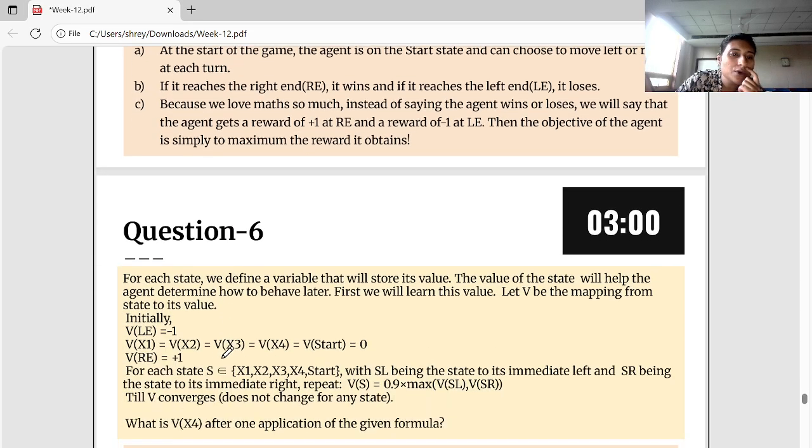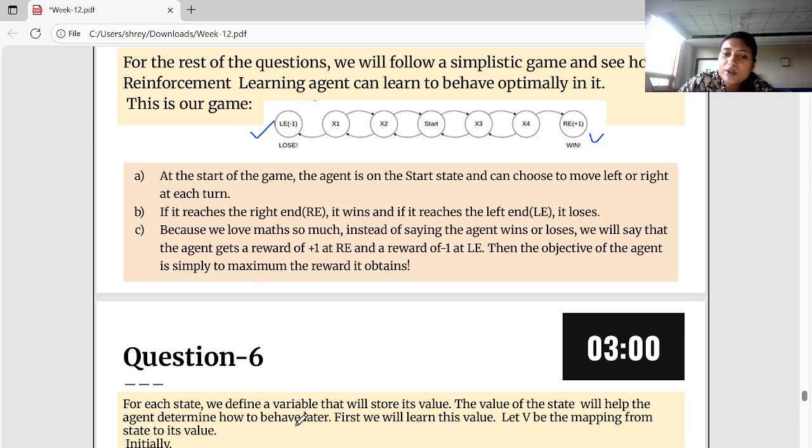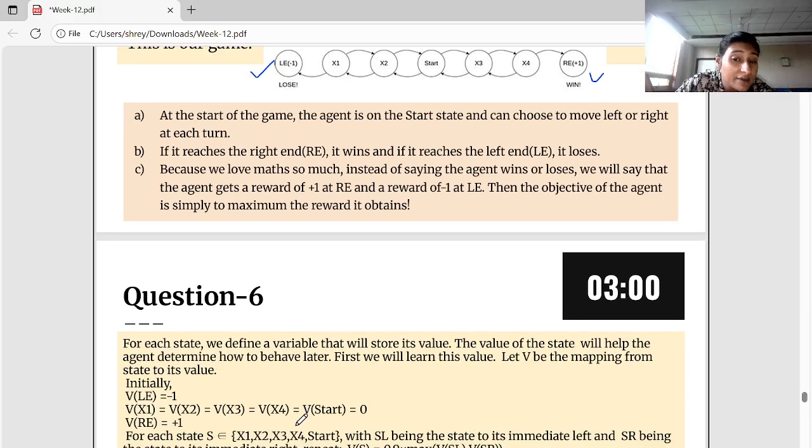Okay, so now the question is, for each state we define a variable which will store its value. So basically we have to store the rewards, so we will define a variable for that. What is the variable name? The variable is value. The value of the state will help the agent to determine how to behave later.